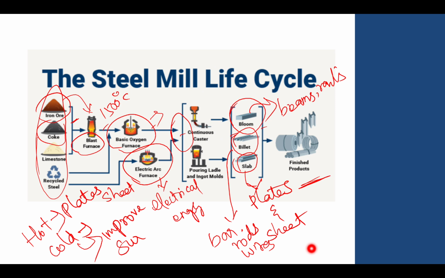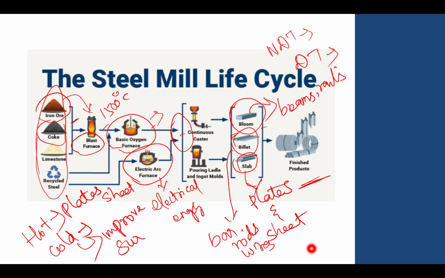Before shipping, steel is tested for quality and safety. NDT detects internal and surface flaws without damaging the steel. Destructive testing verifies mechanical properties like tensile strength, yield strength, toughness, hardness, and so on.